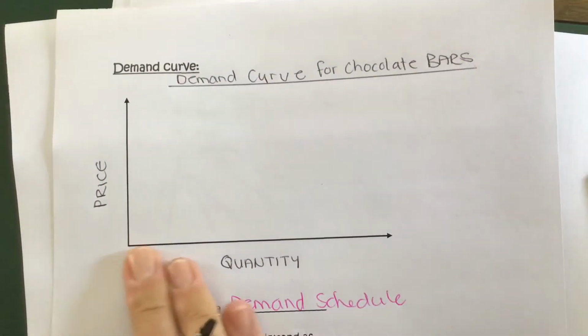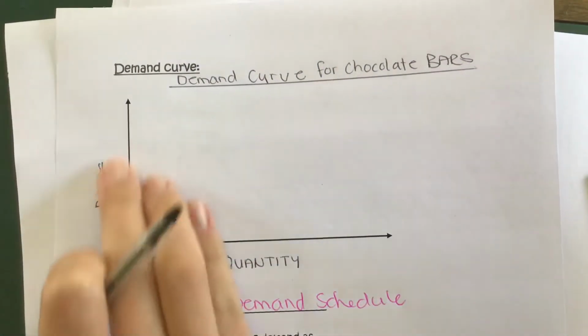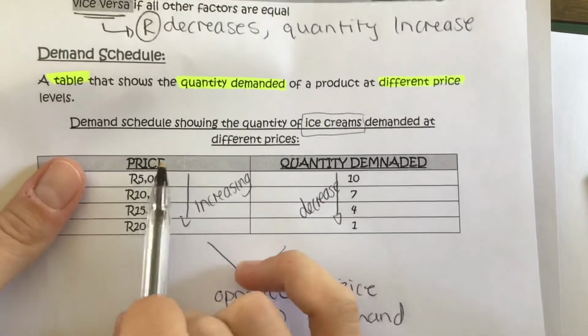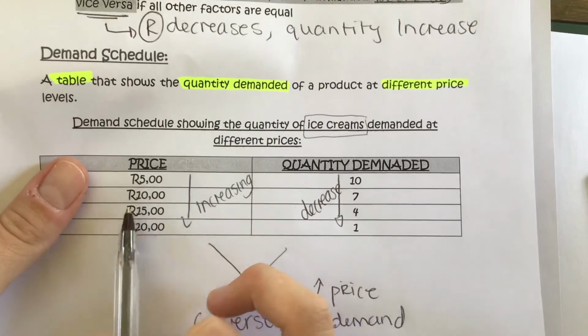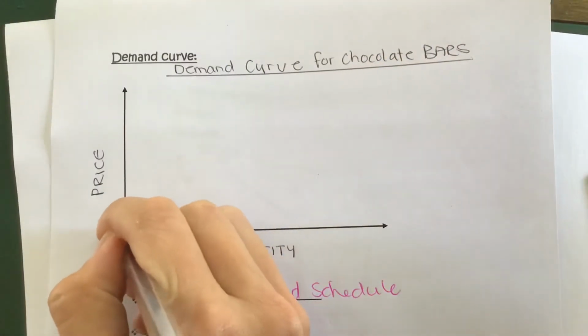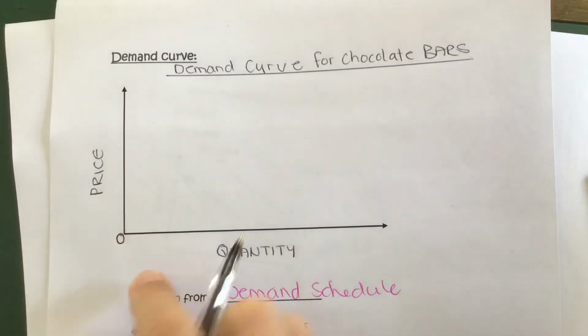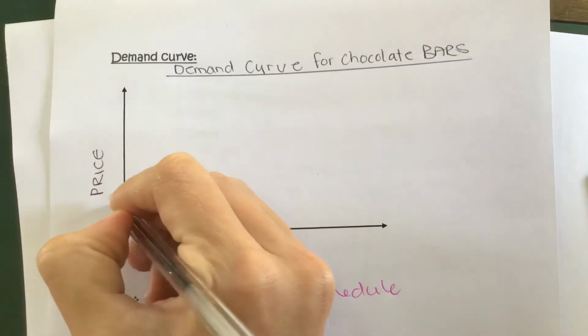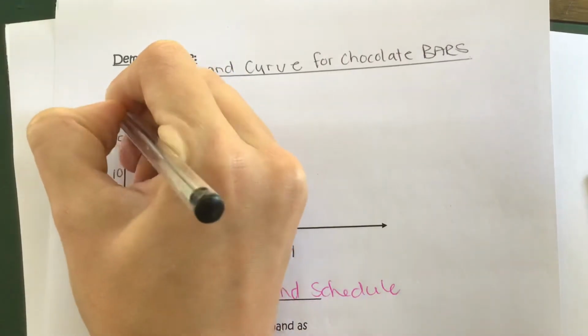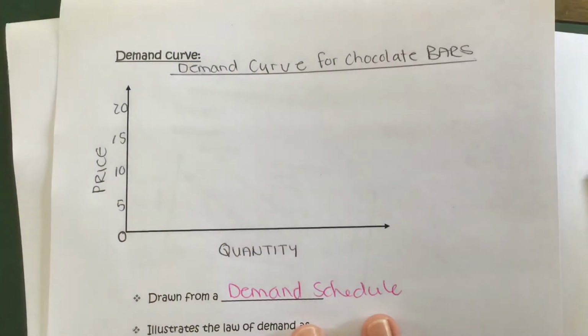Then what we need to do is we need to put in our prices and our quantity amounts. So we have to look at our demand schedule and we have to see, okay, price goes 5, 10, 15, 20. I'd say that's pretty even. So we label it 0 there and we can go, okay, 5, 10, 15, 20.